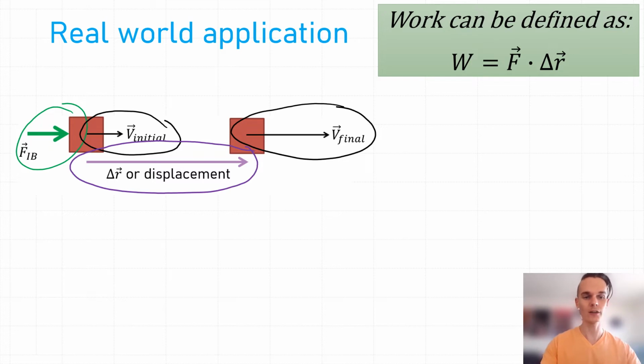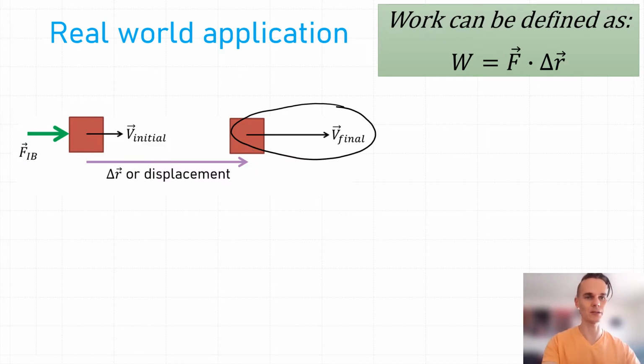While the force was being exerted on the box, the box changed position, and that is described by the displacement vector. If we want to find the work that Ian does on the box, we will need to take the dot product between the force that Ian exerts on the box and the displacement vector of the box.